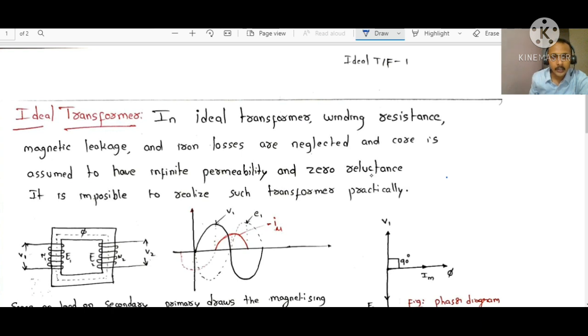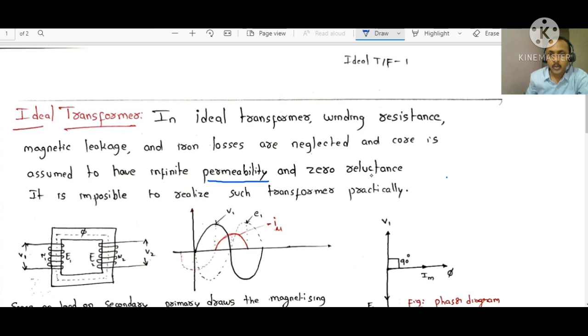And one more important thing is, it is assumed to have infinite permeability. For example, the primary winding and secondary winding are wound on a core. Depending upon the material used, it will have its own permeability. So how do you understand that? Infinite permeability means, if the permeability is very high, then for a small amount of current itself we can get more flux.